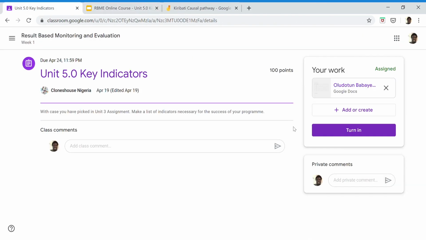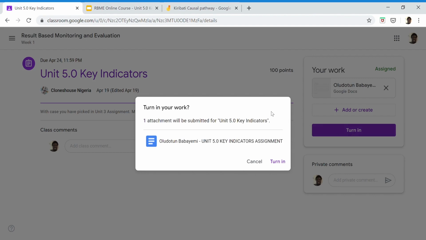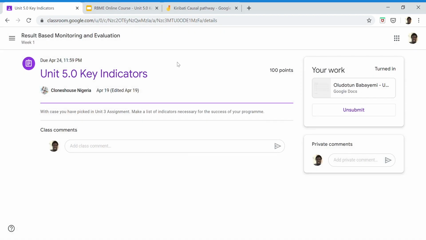All I need to do is then turn this in. So I just click on turn in, then I turn it in. I've turned that in already. You can see this shows that I've submitted it already. And that's it.